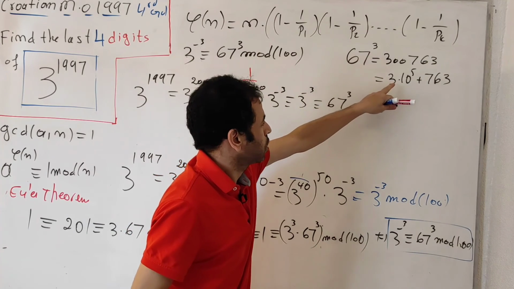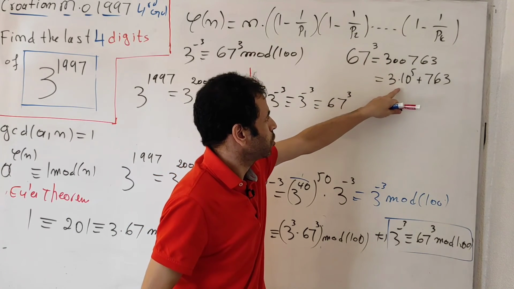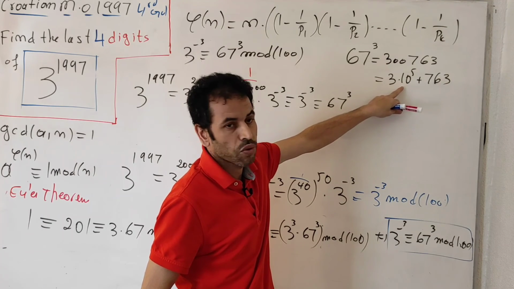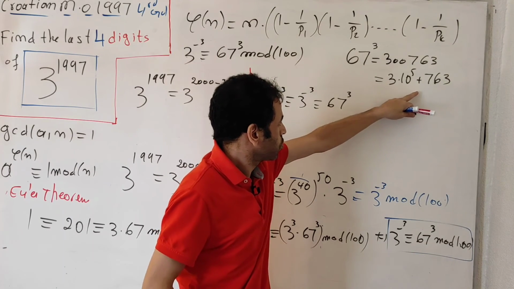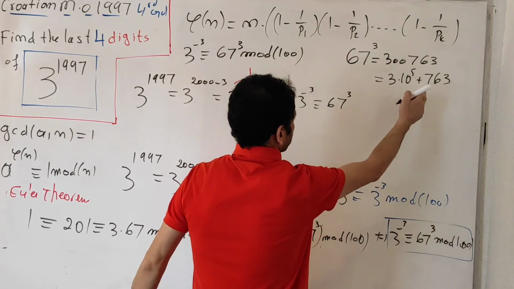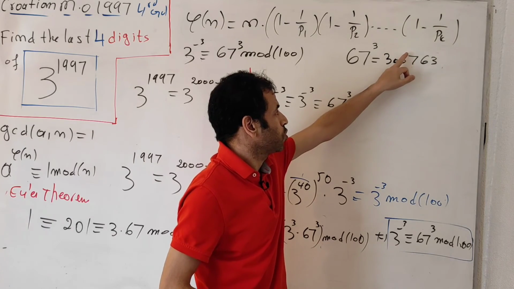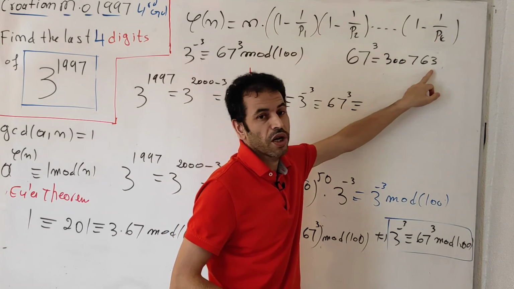If I reduce this to mod 100, the first part goes to 0, because 100 divides it. So I will be left with this remainder, 763.